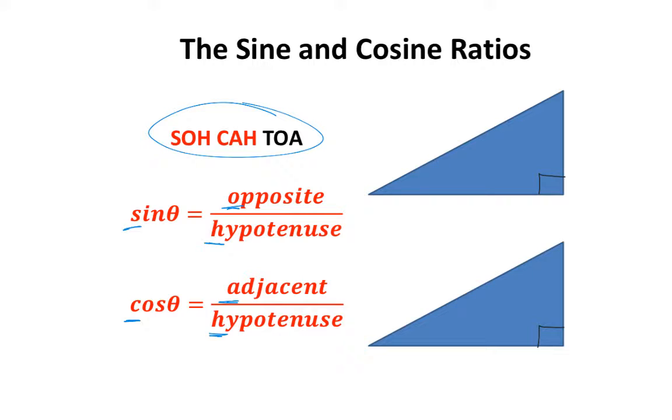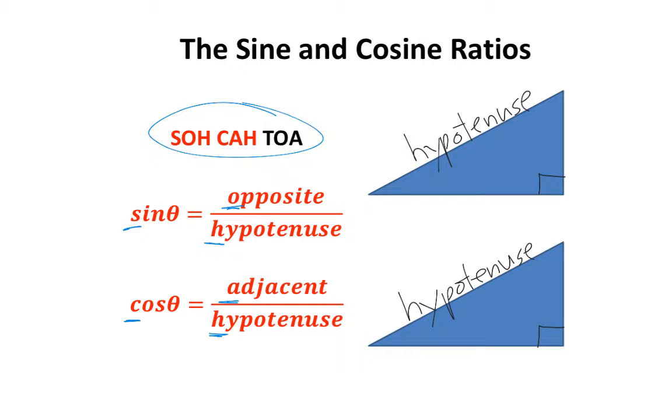Hypotenuse is in a fixed position, so it is located across the 90-degree angle. However, the terms opposite and adjacent are relative terms, so it depends where theta is located, where the angle is.